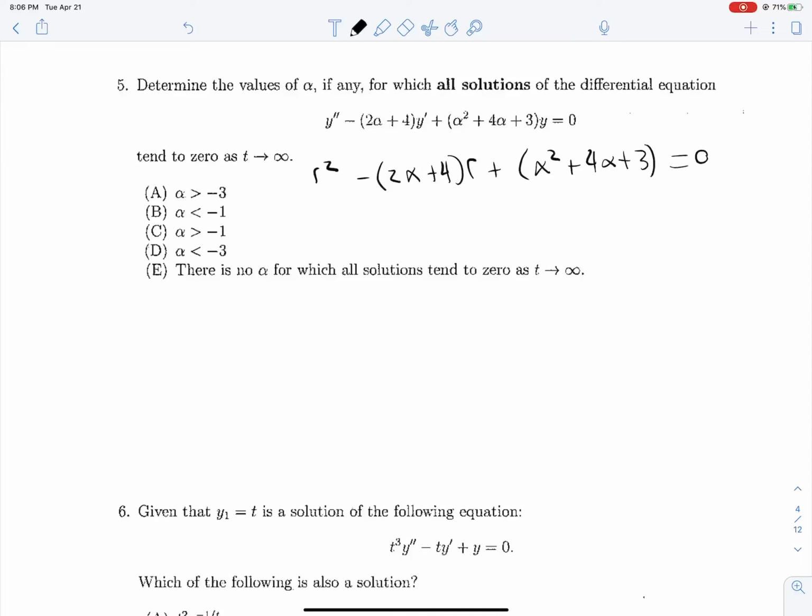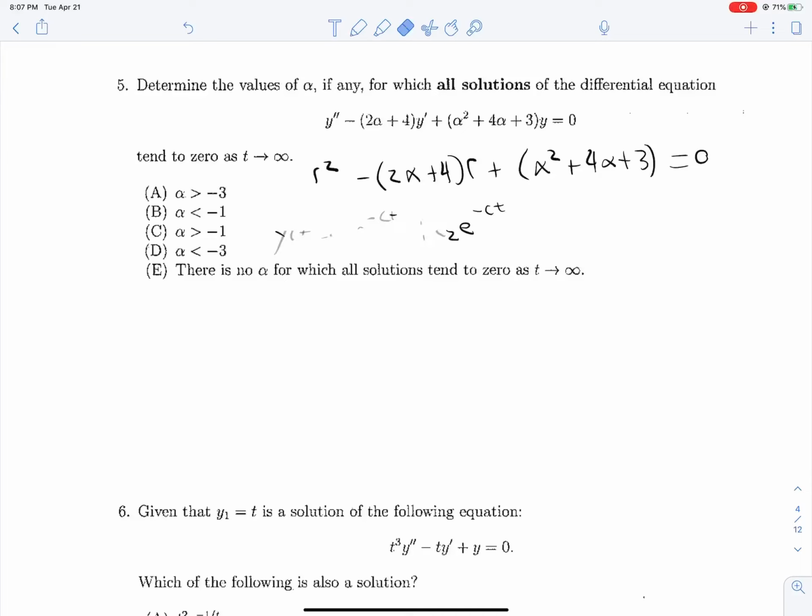And as long as both roots to this equation are less than 0, then the solution y of t will be equal to c1 e to the negative something times t plus c2 times e to the negative something else times t.